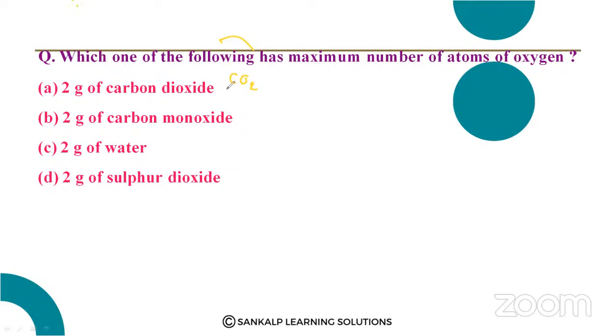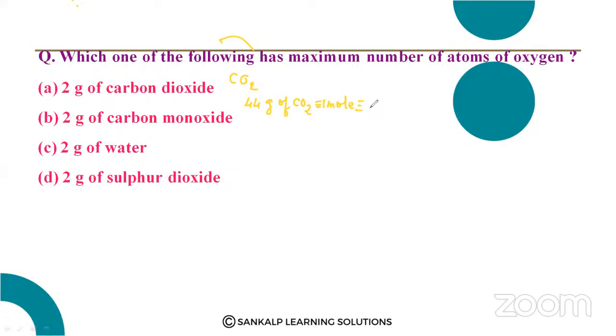What is the molecular mass of this? Carbon is 12, each oxygen is 16, so 16 plus 16 is 32, plus carbon, it becomes 44. So 44 grams of carbon dioxide is your 1 mole.